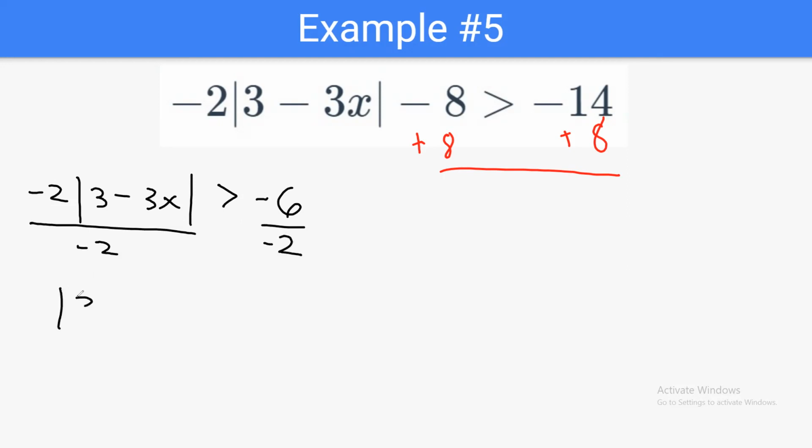So we have absolute value of 3 minus 3x is greater than 3. Did I do something wrong? Yes. This symbol here flips, correct? We flip it because we divide by a negative. Okay? If you divide or multiply by a negative, you are going to flip the sign.